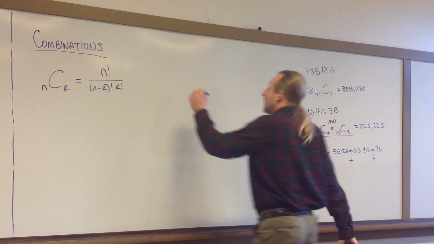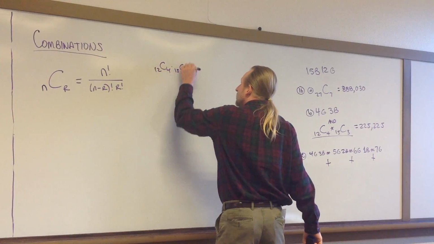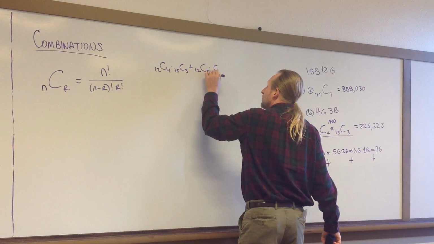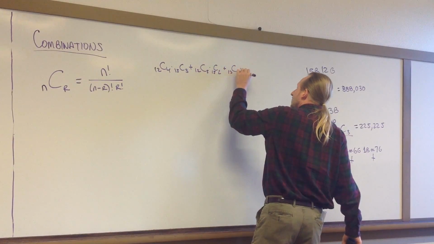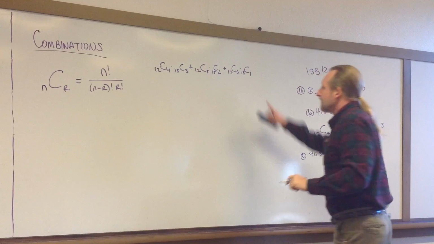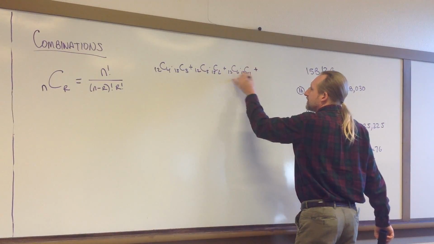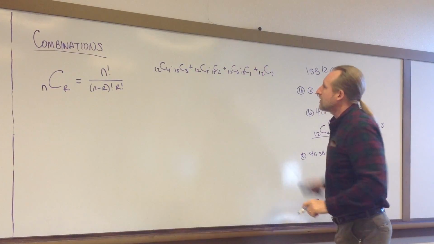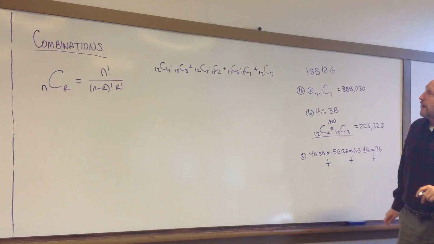So we'll take 12C4 times 15C3, and then add 12C5 times 15C2, 12C6 times 15C1, this is just going to be 15 times that 12C6, and then just 12C7. So that is going to be our answer.